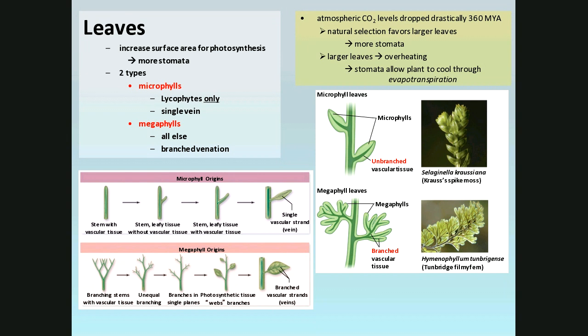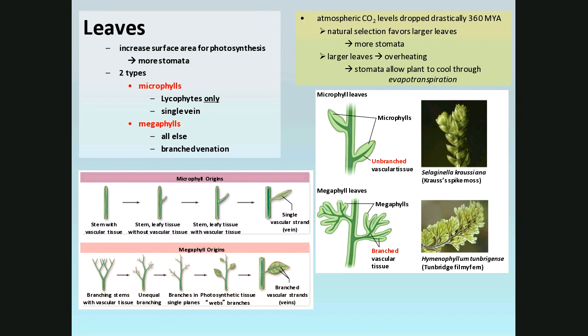So what we have is that unequal branching. So that means the branches aren't in the same plane. And then we have a mutation that brings all the branches in line with each other, and then we simply fill in, kind of like the bat does between its fingers with flight membrane, so a wing. We actually fill in between all the branches, and now we get bigger leaves. And those are called megaphylls, like we see in that fern you see on the right-hand side there.